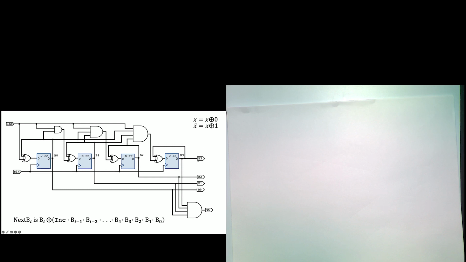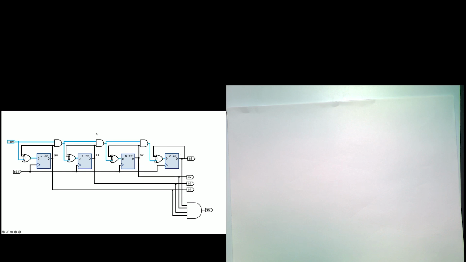An alternative is taking advantage of the fact that this AND gate is actually ANDing some of the same bits as the previous AND gate. So instead of doing this from scratch, I could cascade those AND gates. Right? Here I have INC ANDed with B0, and all I need to do is take that and now include B1 for B2, and for B3 I just need to throw in B2.